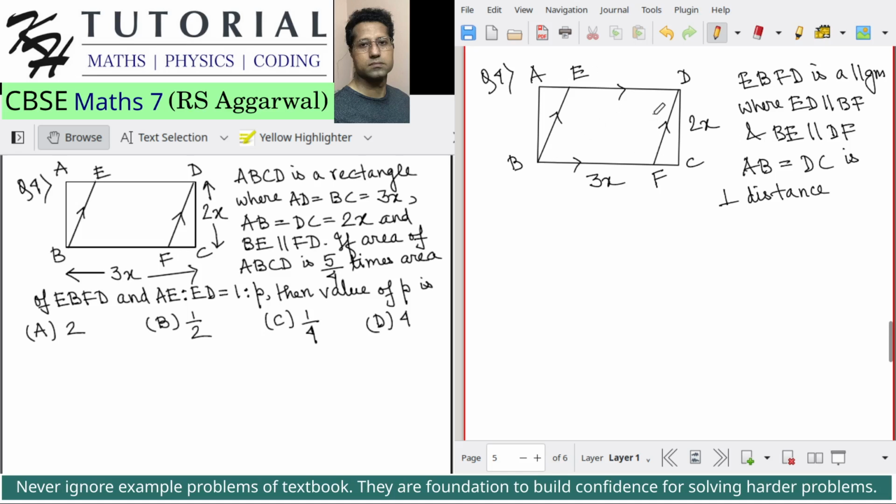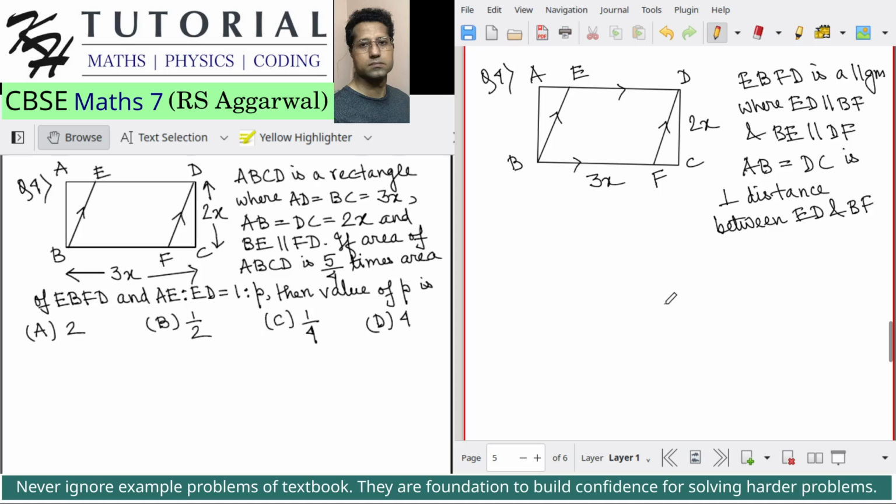Therefore AB will be perpendicular to ED and BF, which means that AB or CD is the perpendicular distance between ED and BF.